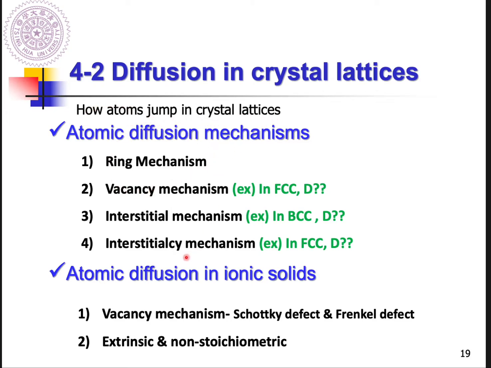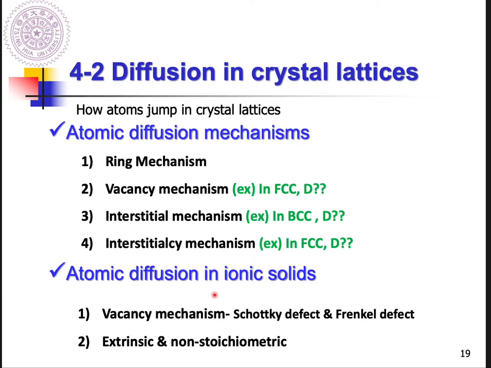First of all, we are going to introduce 4 different diffusion mechanisms in crystal structures. For this part we give some examples, focusing on metal materials. In the second part of the section, we are going to talk about atomic diffusion in ionic solids.